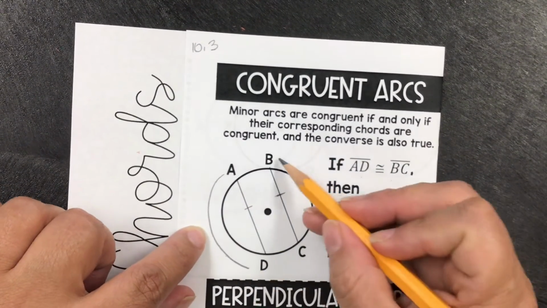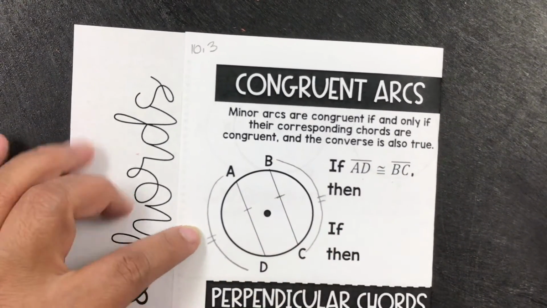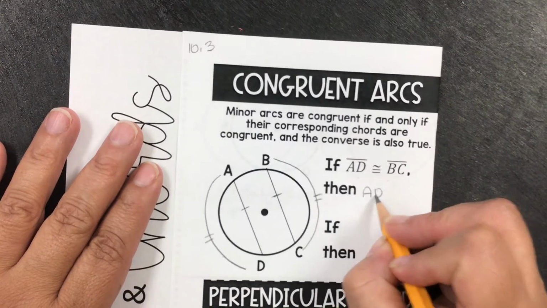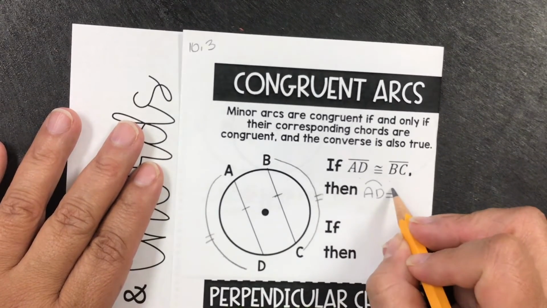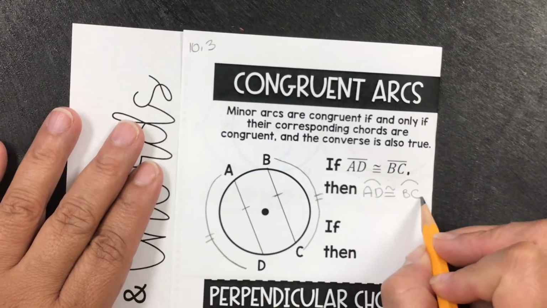That means this arc is congruent to this arc. We're going to make different notations because they have different measurements, but the arc AD is congruent to the arc BC.